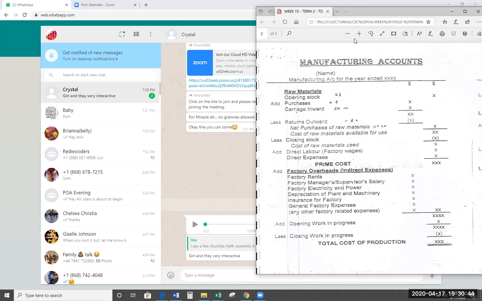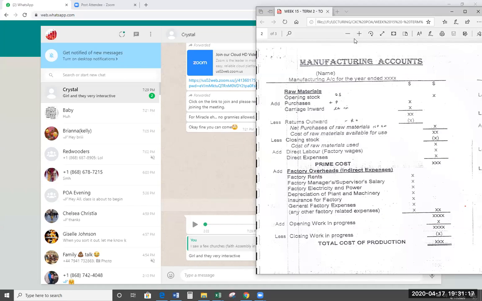Direct costs, once again, are those costs that can be traced to the item being manufactured, whereas your indirect manufacturing costs, or overheads, or factory costs, are the costs that relate to the production of the item that we're making, but cannot be easily traced to the product itself, like cleaners and so forth.